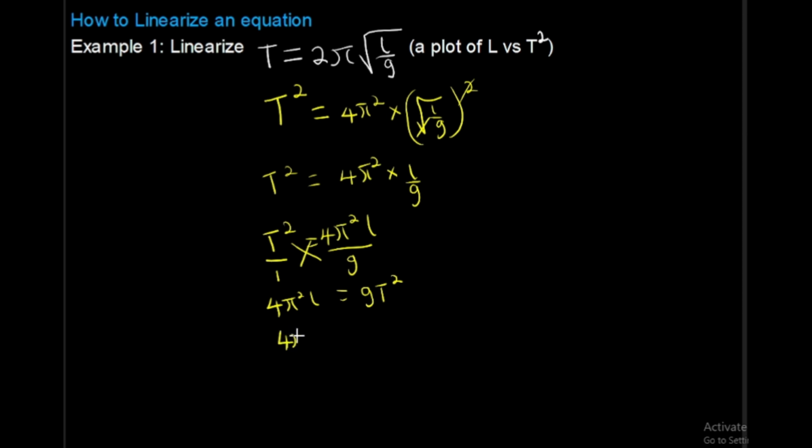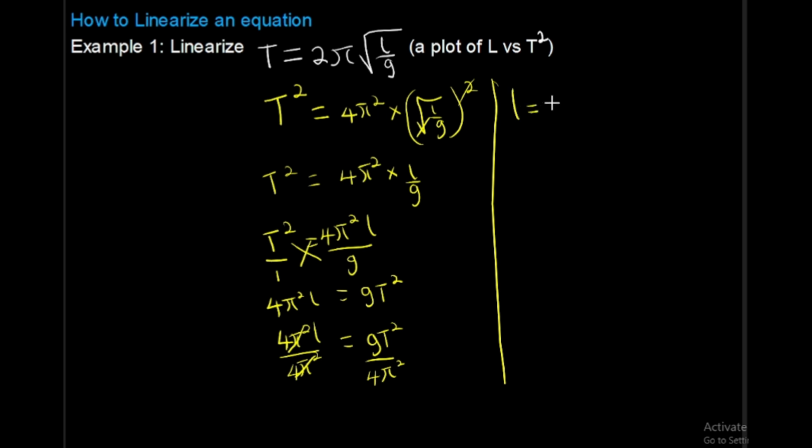So 4 pi squared L over 4 pi squared equals gT squared over 4 pi squared. This cancels out, and we're left with L equals gT squared over 4 pi squared. So this is the linearized equation.